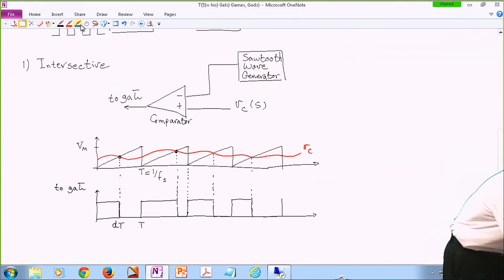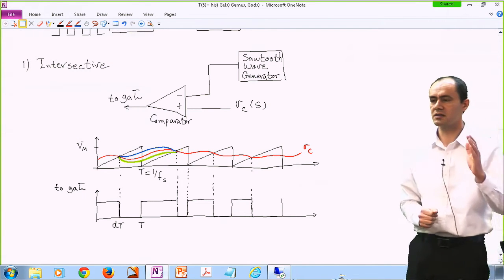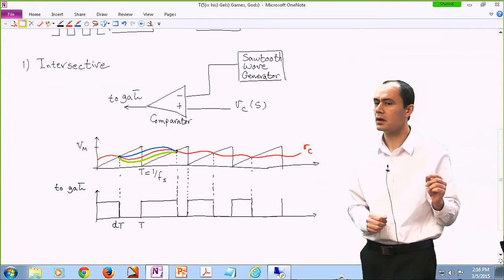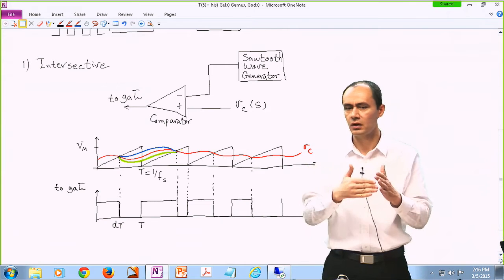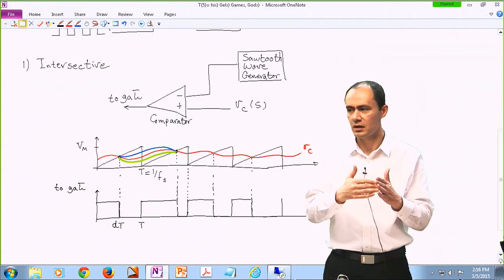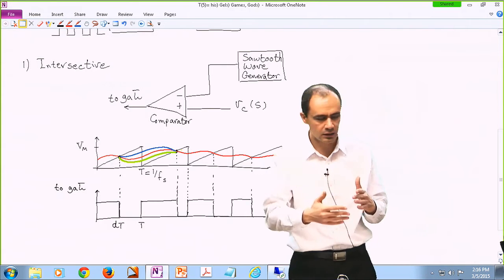So for instance, VC could go like this, or it could go like this. It doesn't matter. We take a sample of VC at that point. Then when they cross each other again, that's our new sample.